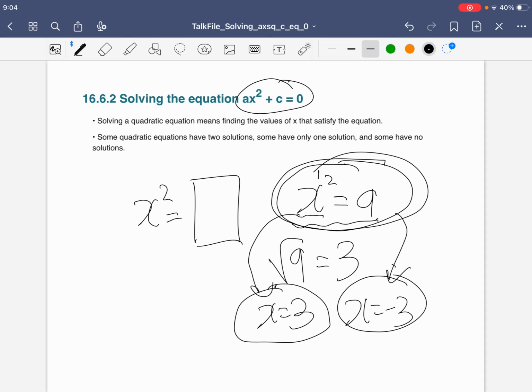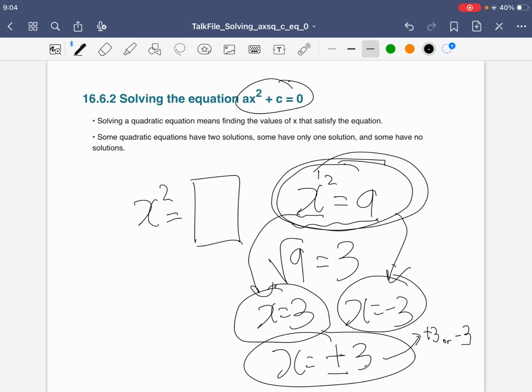So we are gonna write this as x equals plus minus 3, because it basically means positive 3 or negative 3. Both work. You could be a little bit confused about squaring, but squaring actually hides the sign.